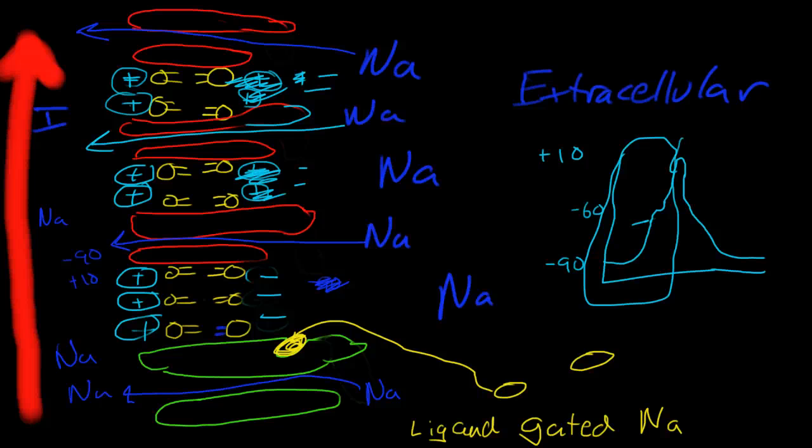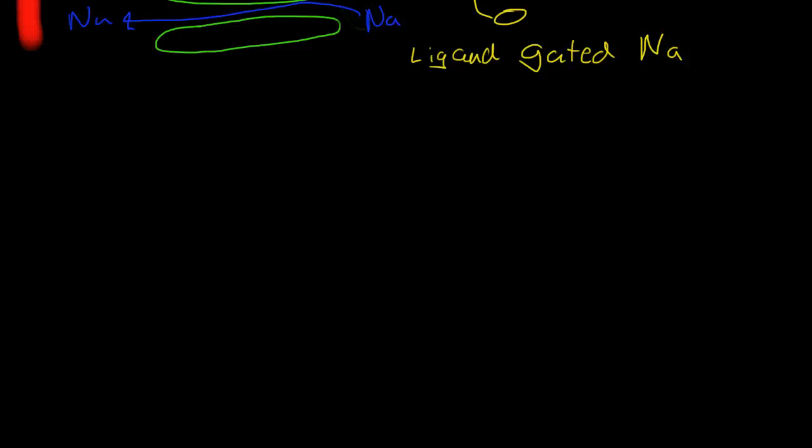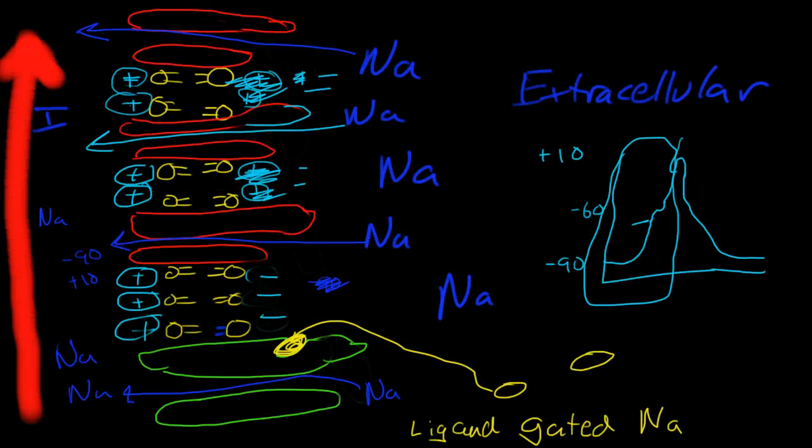Okay, so how does the action potential end? Well, in addition to there being voltage-gated sodium channels, there are also voltage-gated potassium channels, and the potassium channels open up as they detect the polarity change as well, and this allows potassium to leak quickly from one side to the other.